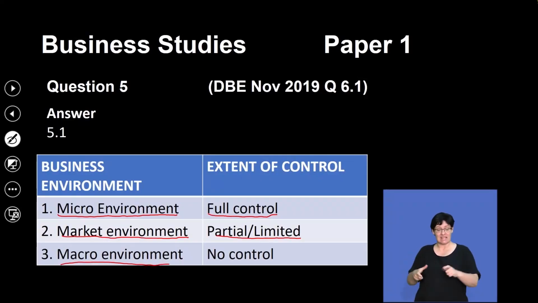So our macro environment, we have absolutely no control. Right? So if you look at the political environment of the United States, now that has got nothing to do with our individual business. However, the outcome of a United States election can have a massive impact on our business itself, because maybe they are going to bring in different tariffs. So if you look at the trade war between the United States and China, even though South Africa has nothing to do with it, it did have a negative impact on businesses in South Africa.